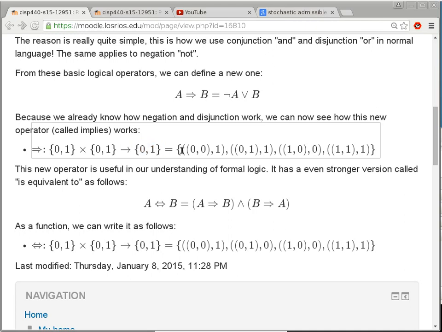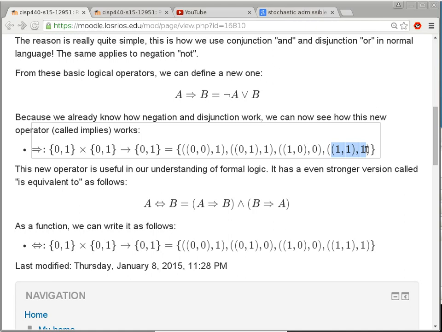False implies false is true. False implies true is true. True implies false is the only time the implication itself is false. True implies true is true. This is not something new; we have seen this already. But I just want to make sure that everybody is comfortable with it.